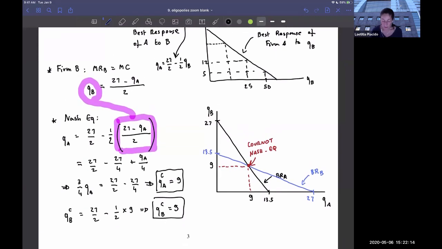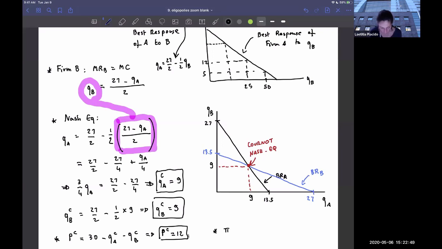So now what is the market price? The market price in Cournot is 30 minus QAC minus QBC. So that's 12. The last thing we want to do is to calculate the profit.